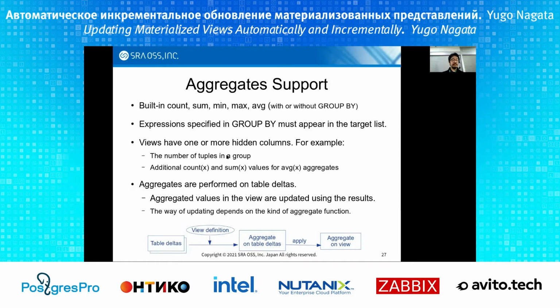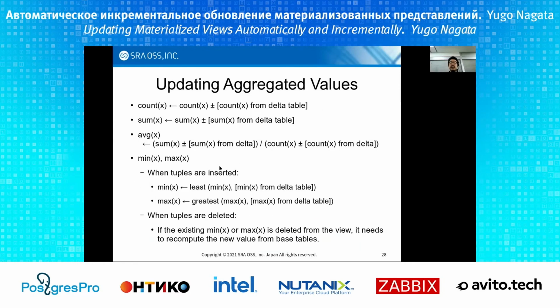When the view is maintained, first, aggregates are performed on table deltas, changes on tables. And aggregated values in the view are updated using the result. The way of updating the aggregate value in the view depends on the kind of aggregate function. This is an example of updating aggregated values in the view.